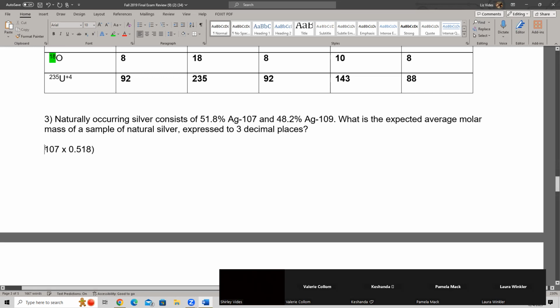And then you add it to the next one, which is 109 times the percent here, 0.482. And that's it.